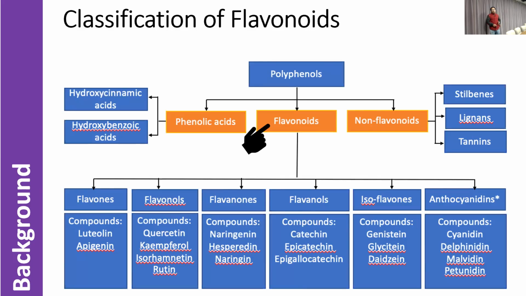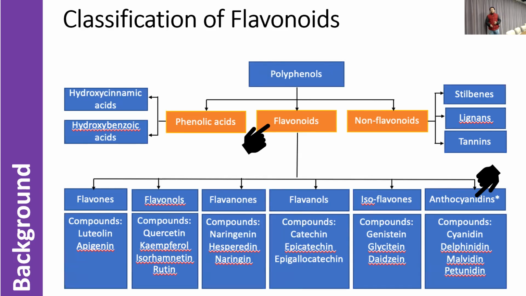As I already told you, there are already 10,000 phytonutrients, and out of these, the flavonoids or secondary metabolites that are useful for humans are just 6. They are flavonoids, flavonols, isoflavones, and anthocyanidins.